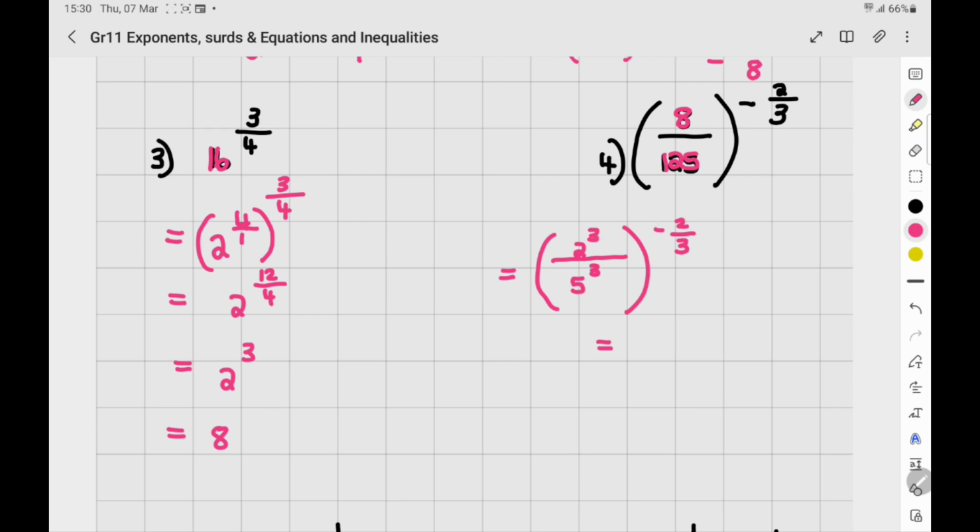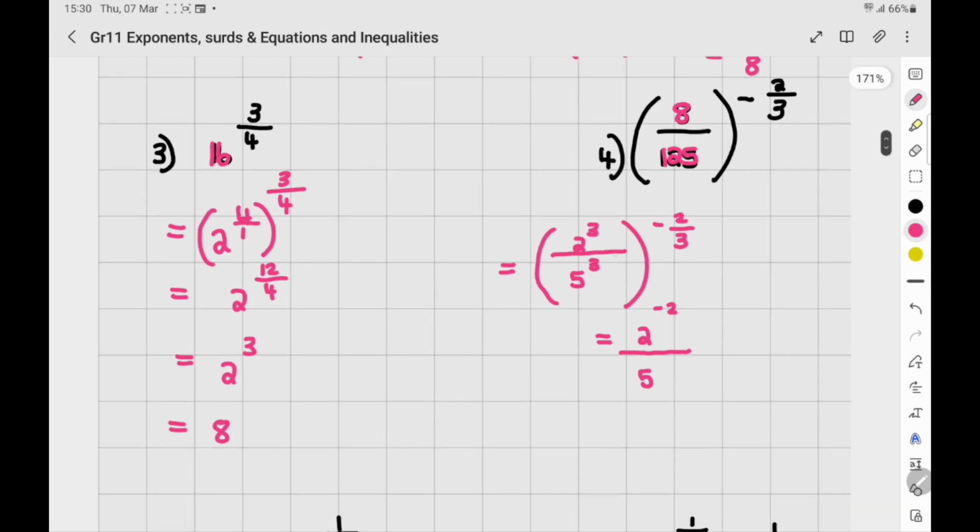So 2 to the power 3 times negative 2 over 3, and 5 to the power 3 times negative 2 over 3. If you really want to, you can just pop it in your calculator as well. But we know a power raised to a further power, we multiply. So 3 times negative 2 is negative 6, divided by 3 is negative 2. And now to make them positive, we just swap them around. Our answer is 25 over 4.